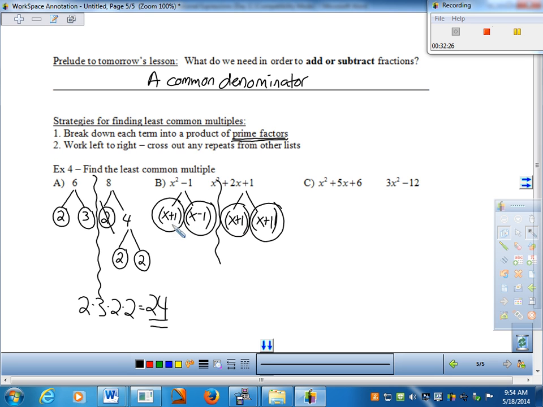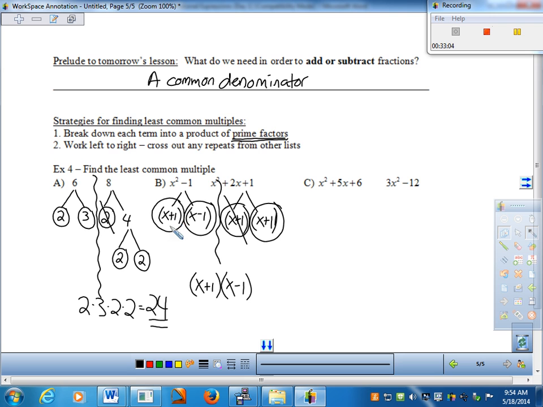So I'm looking at that x plus 1. Does everyone see that x plus 1 right here? Do you see the exact same x plus 1 is in that other list? I don't need it twice. So this particular factor is identical over here, and I only need it the once. So I take that, x plus 1. I'll take the x minus 1. I look for a redundancy. Nope. And I keep going. There was another x plus 1.